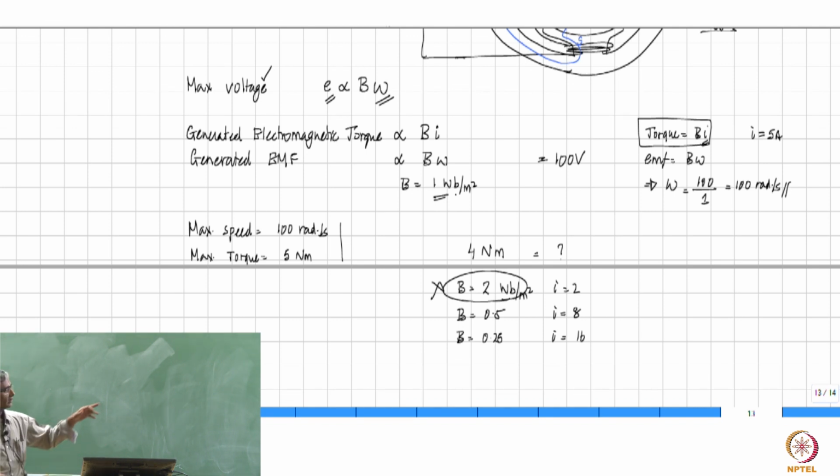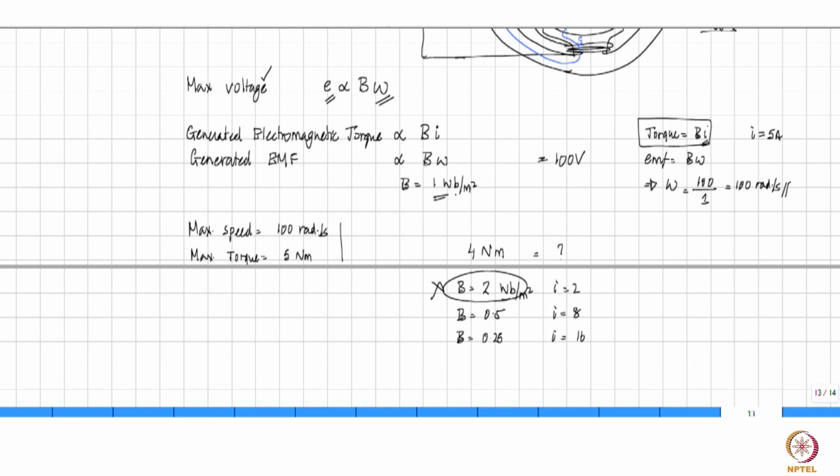Now, given that, which one will you choose? You will not choose either of the two. You won't choose B equal to 0.5 or B equal to 0.25, because you can go up to B equal to 1, and if you go to B equal to 1, I required is only 4 ampere, right? And therefore, it makes sense for you to operate the machine at the maximum level of flux density or maximum magnetic field strength that the machine is designed for, right?